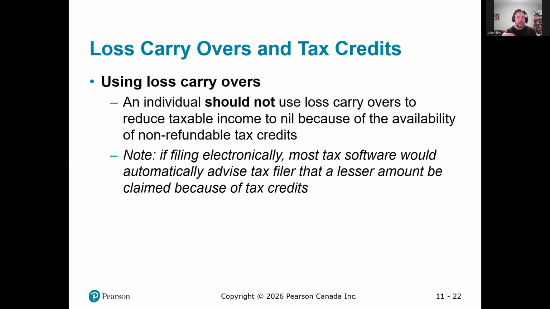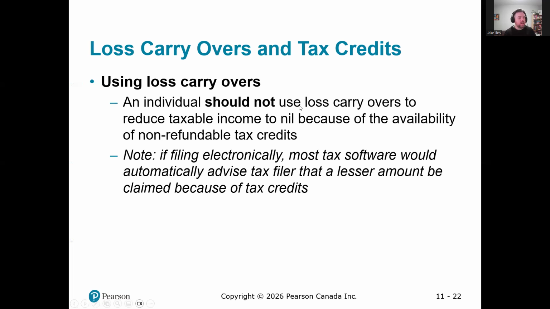Although all of our losses must be applied against our income or gains in the year we earn them, once they reach that status of being a carryover, we can choose how much we use in a given year. So if we have a $10,000 net capital loss, we can pull 3,000 of it and put it into last year and hold 7 and put into next year. So we have a lot of choice on how much we will transfer.